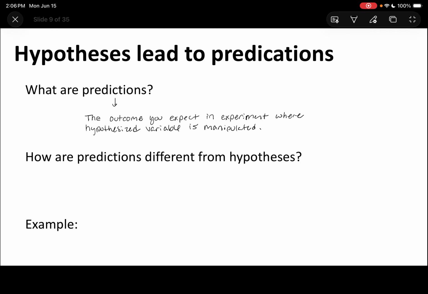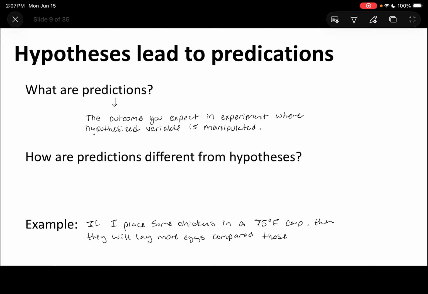So for instance, if we go back to my previous example where I thought maybe temperature might explain differences in egg production, then I could say something along the lines of, if I place some chickens in, let's see, what's the temperature typically around the spring? 85 Fahrenheit coop, then they will lay more eggs compared to those in a 40 Fahrenheit coop, right?